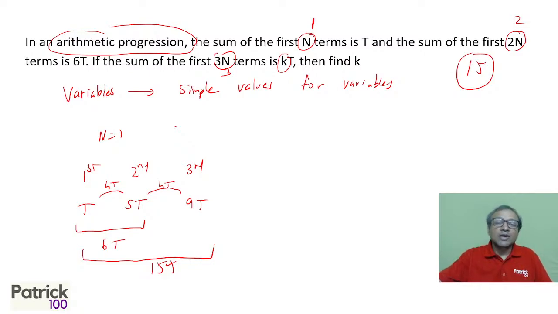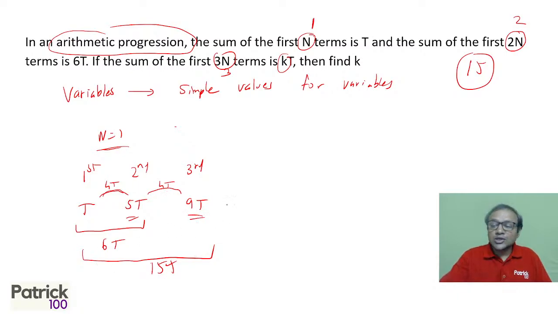So here, as I said, whenever you have variables, that's a technique: you substitute simple values for a variable. So when you substitute n equal to 1, the sum of the first term is t, which means the first term is t. Sum of first two terms is 60, that means the second term becomes 5t. It is an arithmetic progression, so the difference is 4t and 40. So the third term becomes 90.